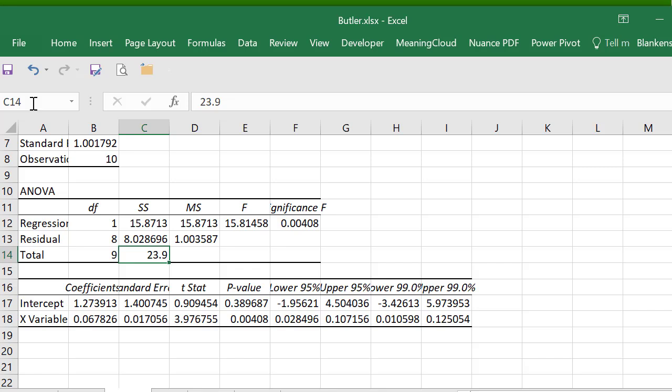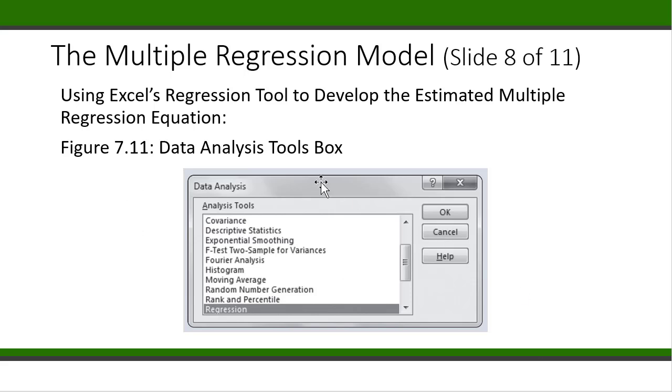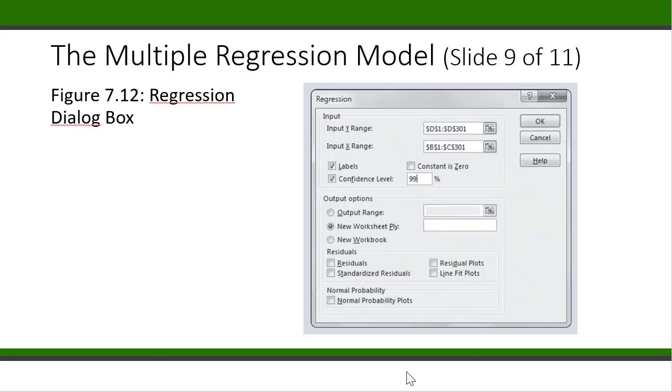And what we're showing in the slides here are going to be for the 2 variables. So notice here your input Y range is going to be your D column, and then the input X range is going to be your B column to C. So B and C contain your independent variables.